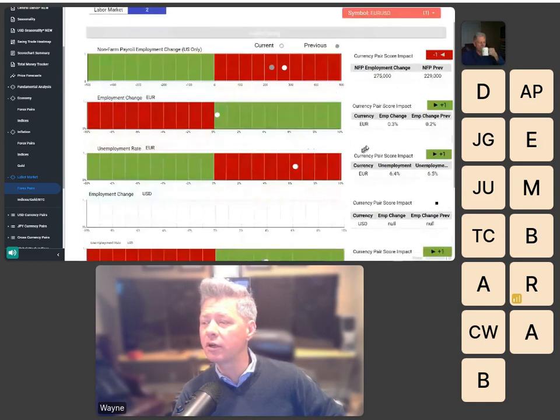And then you look at Europe, and now you're looking at a month over month change. Okay, negative there. So very little change. You can't tell the difference.